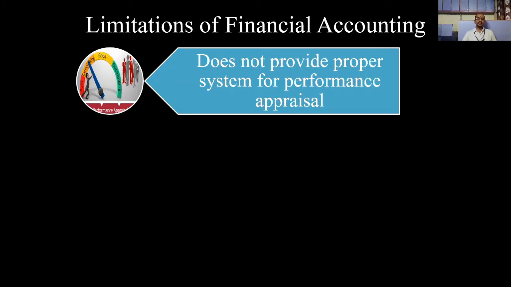Next, it does not provide a proper system for performance appraisal. So in financial accounting, there is no such system of developing norms and standards to appraise the efficiency which we use in the use of material, use of labor, or incurring some other expenditure.